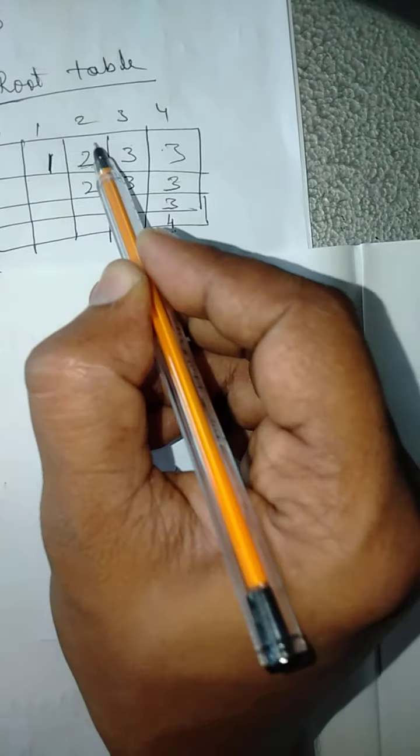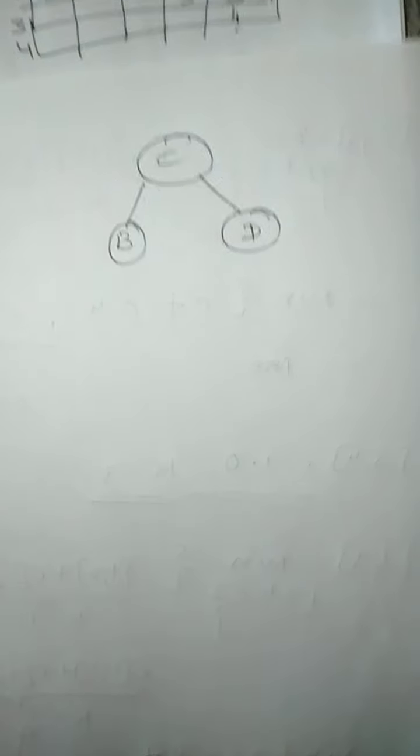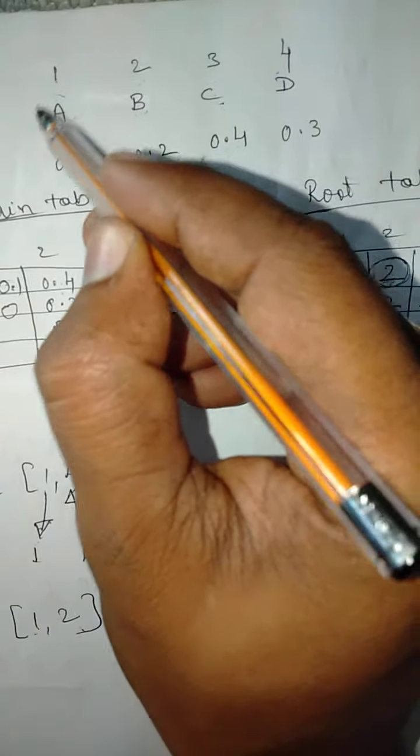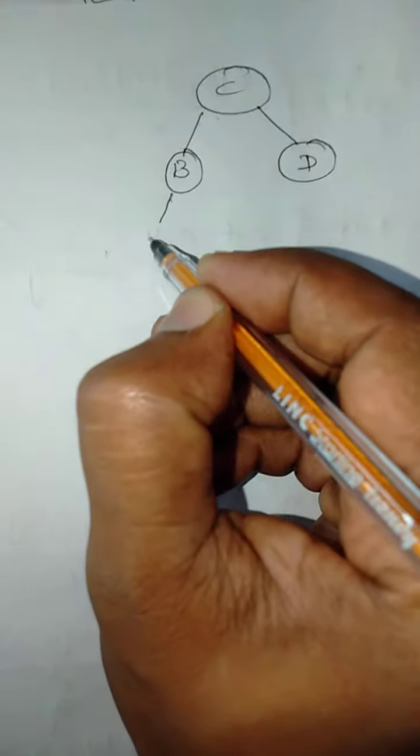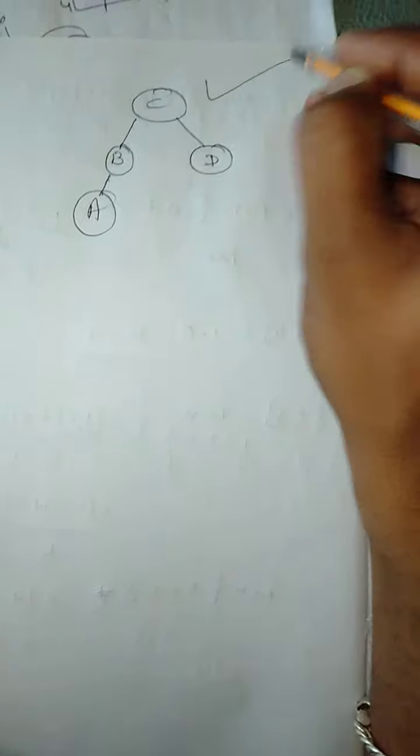R of 1 to 2, which is the root node? 2, which is nothing but the element B. So B has to be made as the left child, right? Similarly, we are left with A, so A will be the left child of B. And this is the required optimal binary search tree. Okay, that's it.